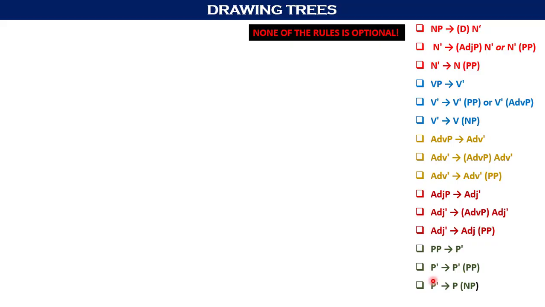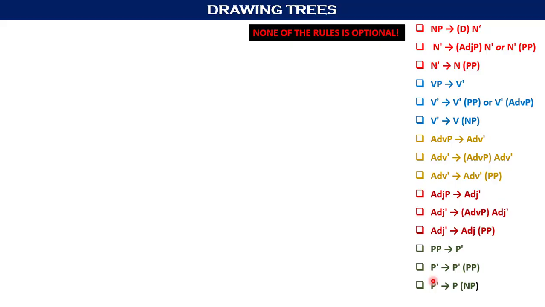Now we also understand what complements, specifiers, and adjuncts are. It is time to learn how to draw trees. Remember that we have not talked about functional categories: the determiner phrase, the CPs, and the TPs.